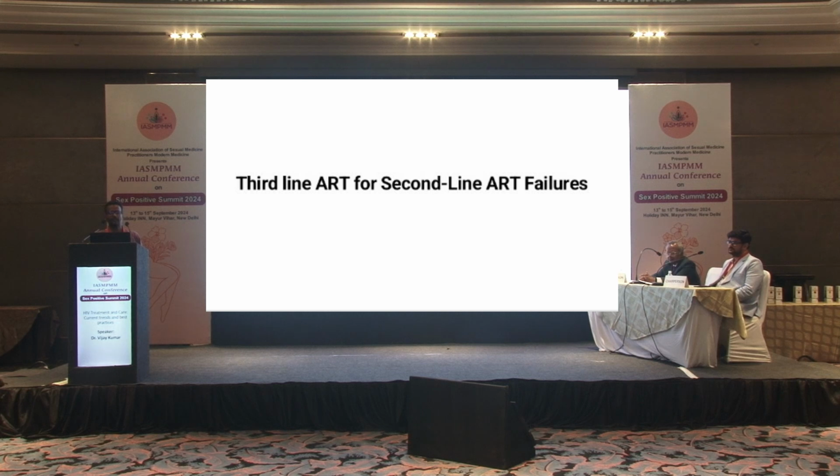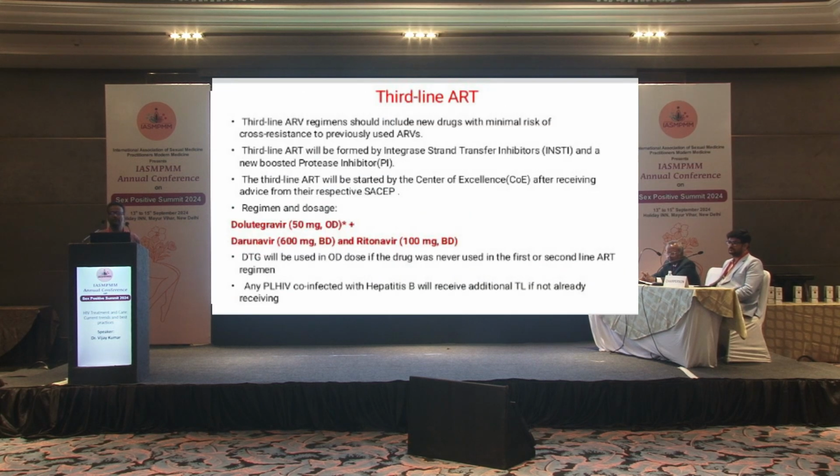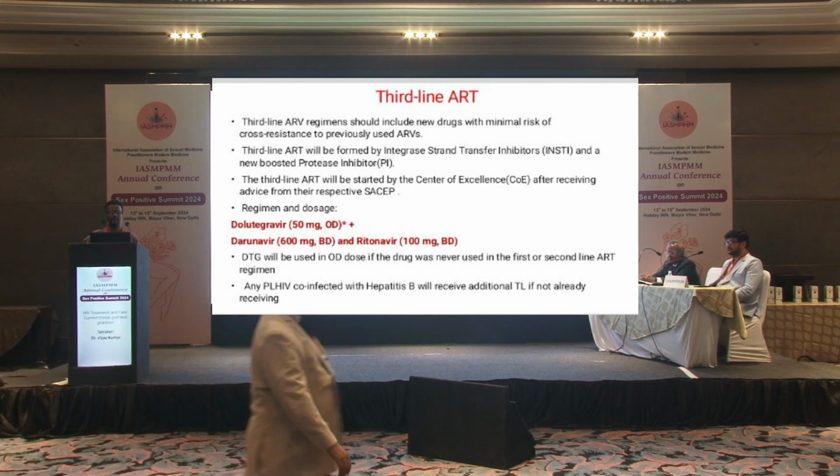Then third line also, but we should keep in mind a few points before prescribing third line: it should include new drugs, there should be minimal risk, and third line formulation will be based on integrase inhibitor and new protease inhibitors.